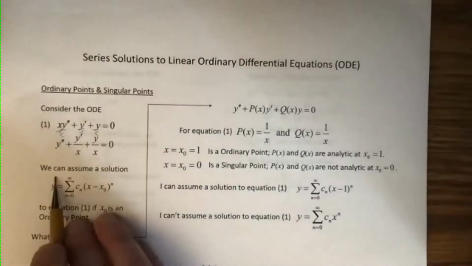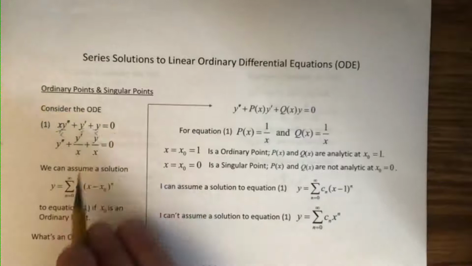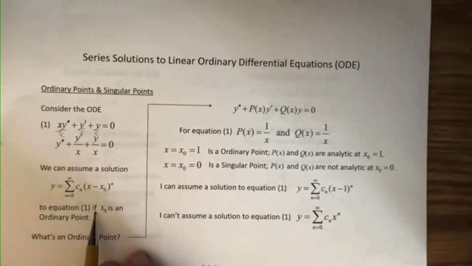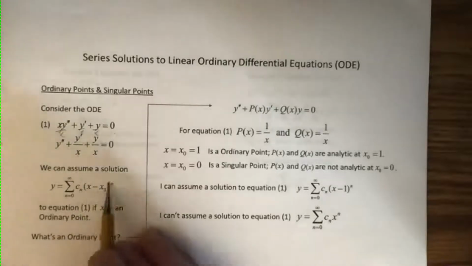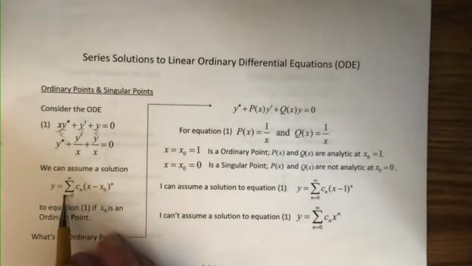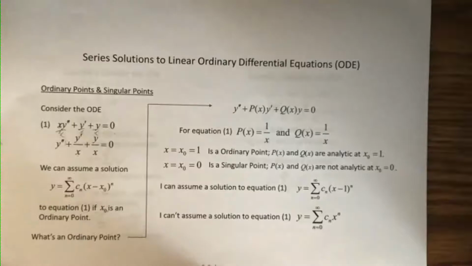Now, for this differential equation, I can assume a solution of this form, provided that x sub 0 is an ordinary point. The next example is going to explain it better.